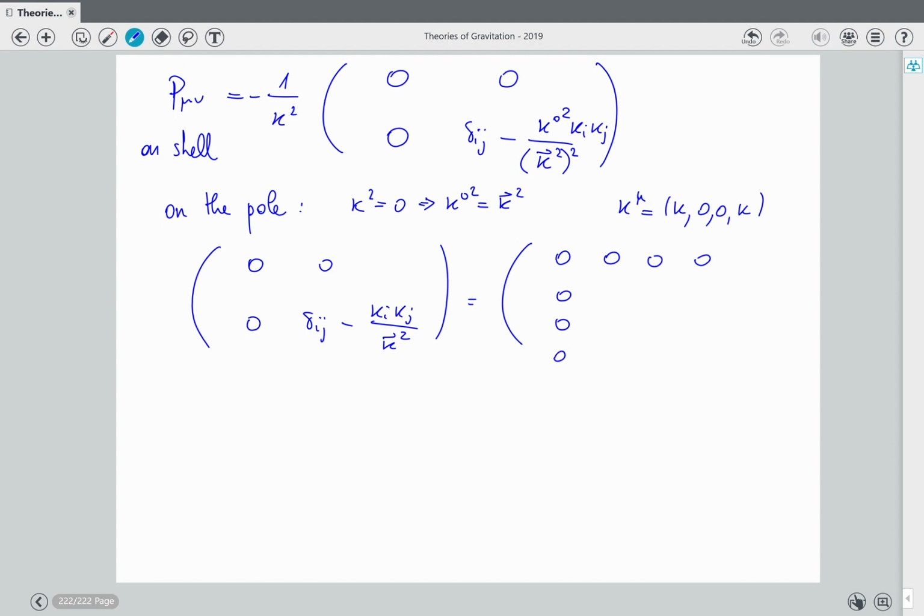Here, for k along direction 3, if you put k equal 3 there, this object is 1, because spatial k is just one component. So you have 0, 0, 0, 0, 0, 1, 1, 0, 0. And those are the two helicities.